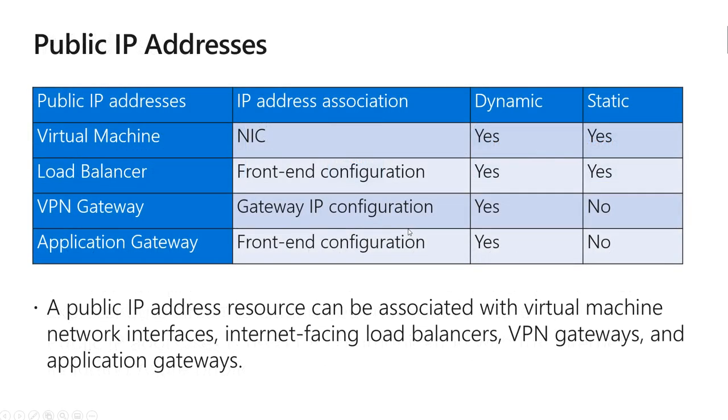So there's the table here for you. We have their public IP address, IP address isolation, and dynamic or static. A public IP address resource can be associated with virtual machines, virtual network interfaces, internet-facing load balancers, VPN gateways, application gateways, all that.